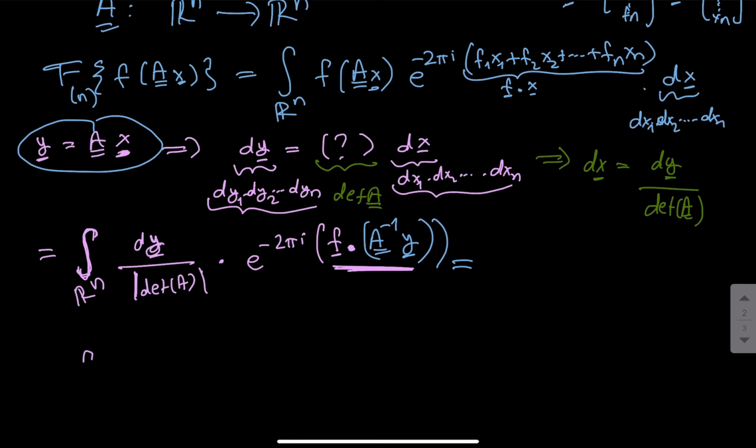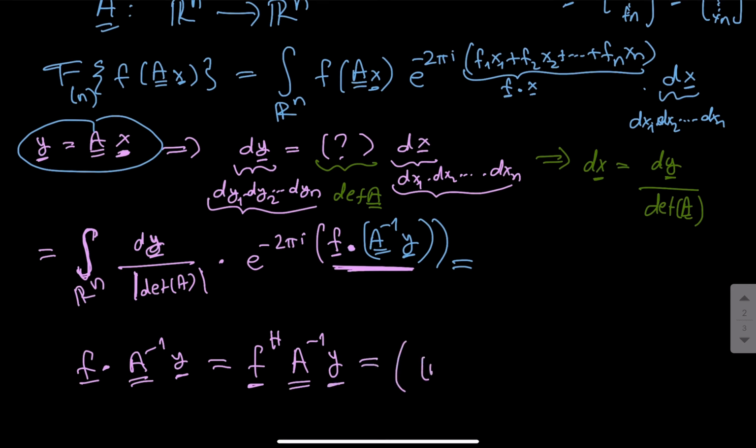So f dot A inverse y is actually equal to f Hermitian transpose A inverse times y, which is equal to A inverse Hermitian f Hermitian times y, and this is equal to A inverse Hermitian times f, all dotted with y.